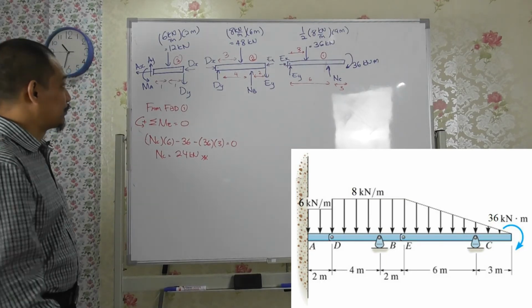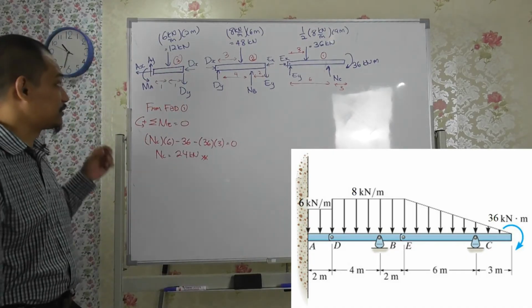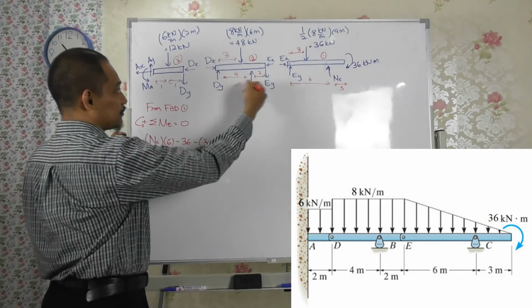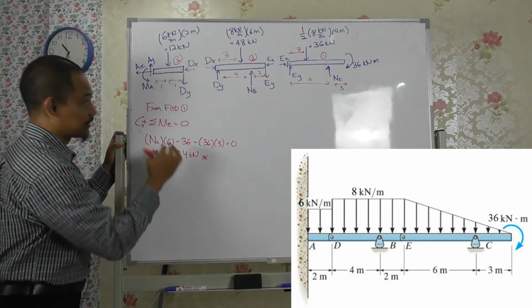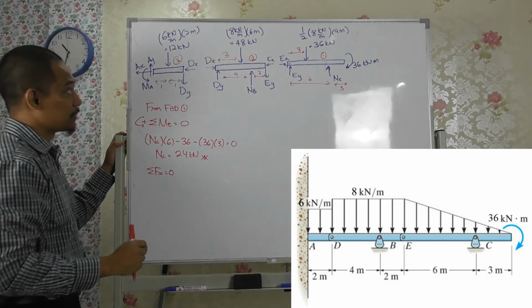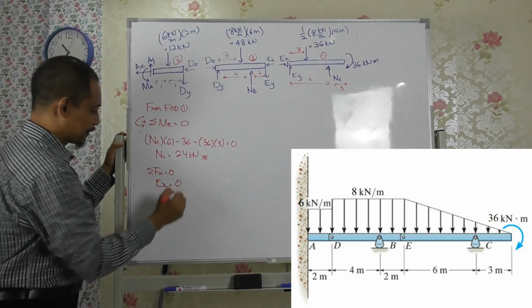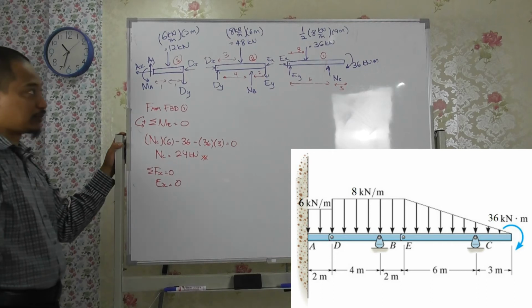Right, because what we want is all of this at A, at B, and at C, right? So now this is solved. But we have to move on because we need Ex and Ey to solve for this one, right? So if you do summation of Fx equal to 0, this is still for free body diagram 1. You'll notice that Ex equal to 0, right? Because there's no other horizontal forces.